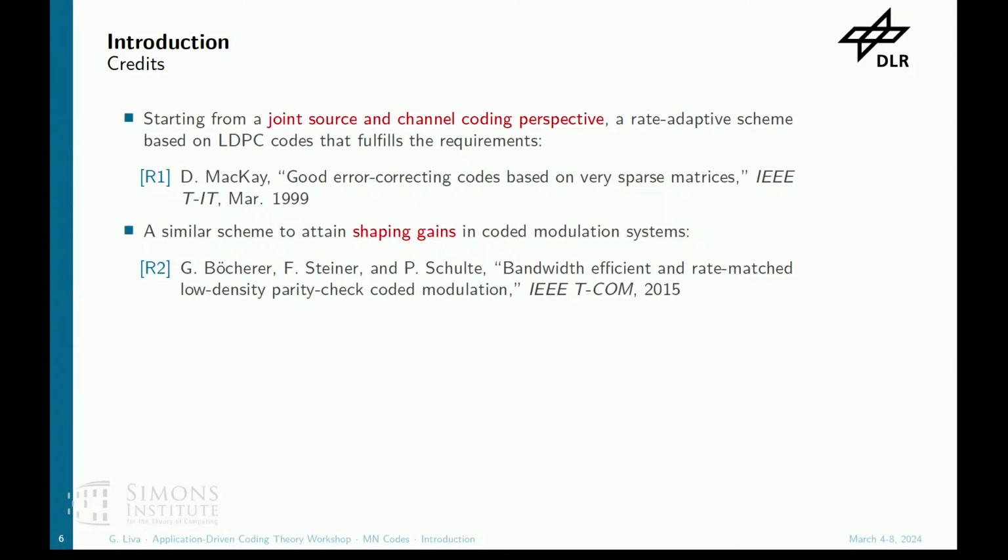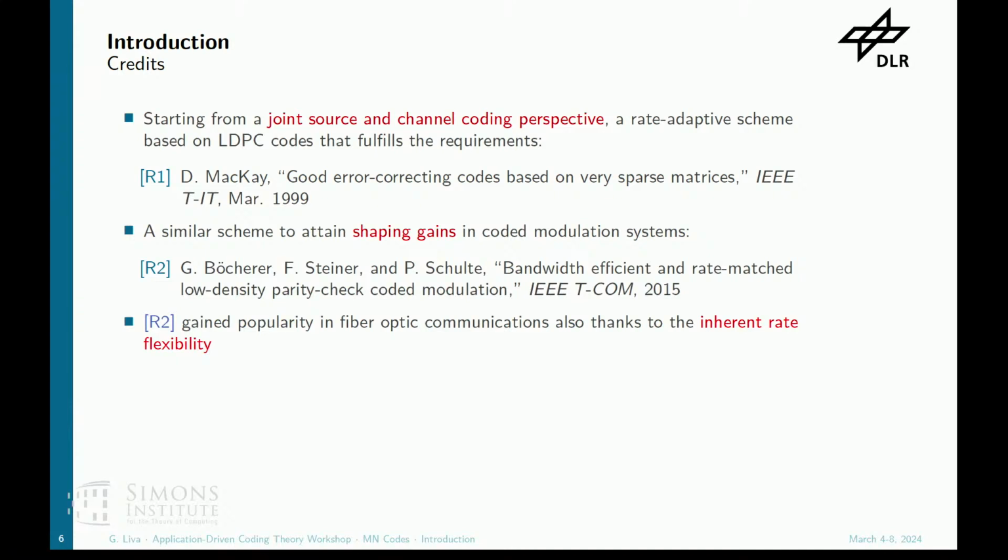So this kind of perspective was actually adopted in a scheme that not only achieves rate adaptability, but mostly achieves shaping gains when combined with high-order modulations, by a group at TUM. At the time, the people working on it were Georg Böcherer, Fabian Steiner, and Patrick Schulte. This technique, which is known in the optical fiber domain as probabilistic amplitude shaping, got a lot of attention in optical fiber, and I believe it is currently employed by a number of real systems.